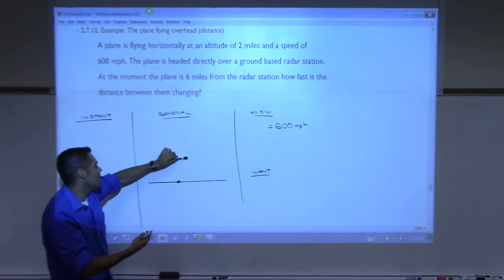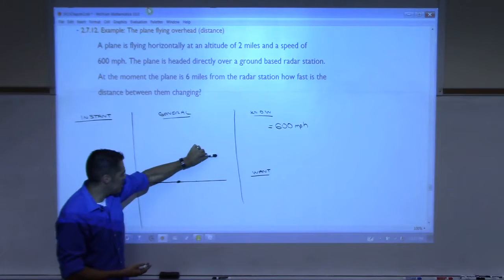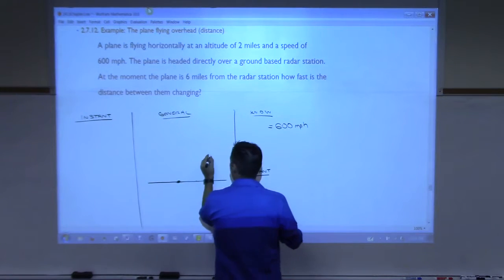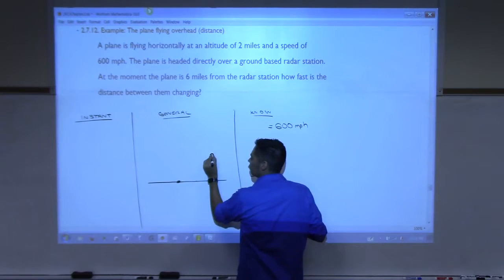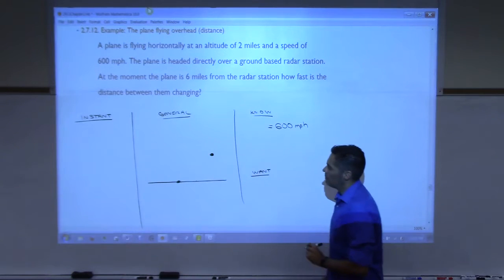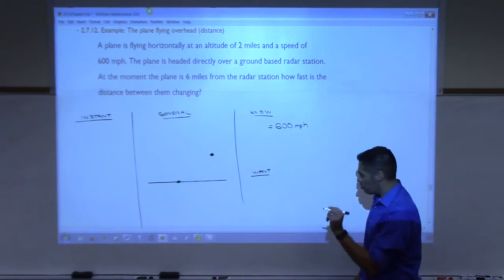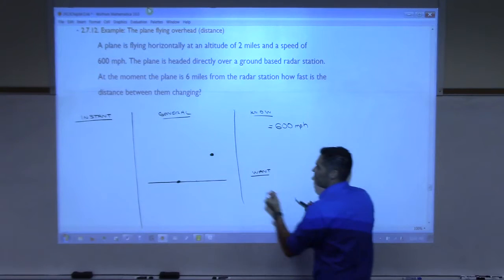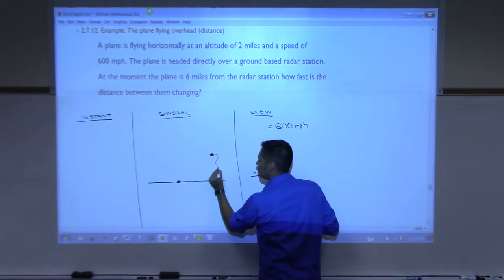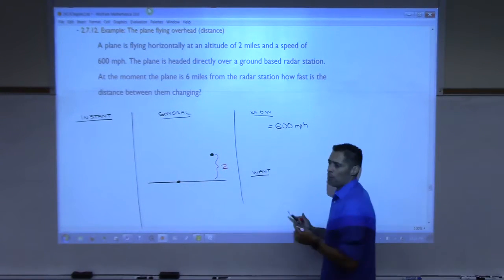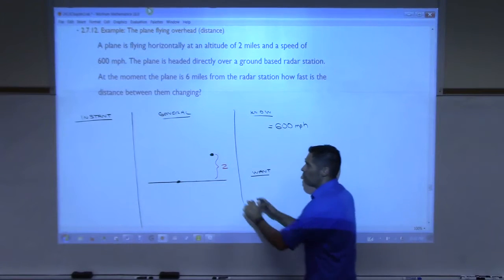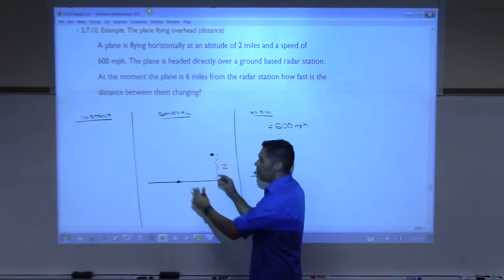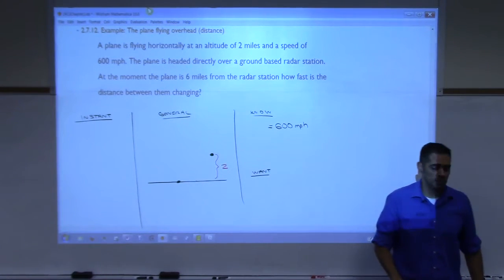I'm not going to put it right on top because it's going to be kind of boring. Let's move it to the side a little bit. Let me just put this plane right here. Radar, plane. I know for sure, no matter what, from here to here is 2 throughout the whole problem. So even though I'm in my general picture where things are changing, that doesn't change. Do you agree?